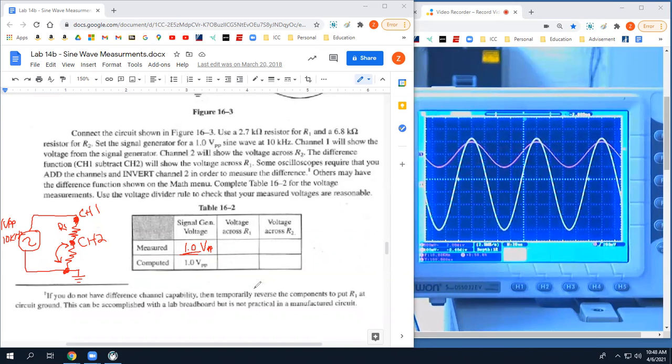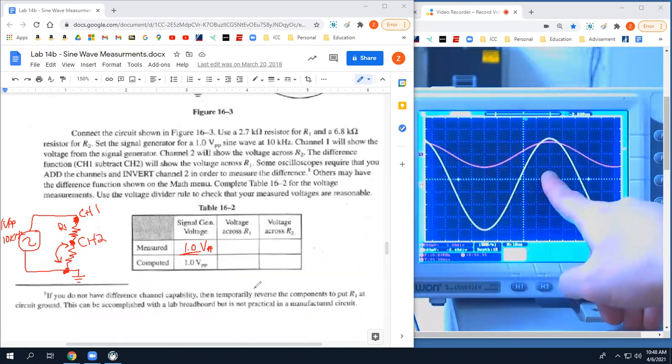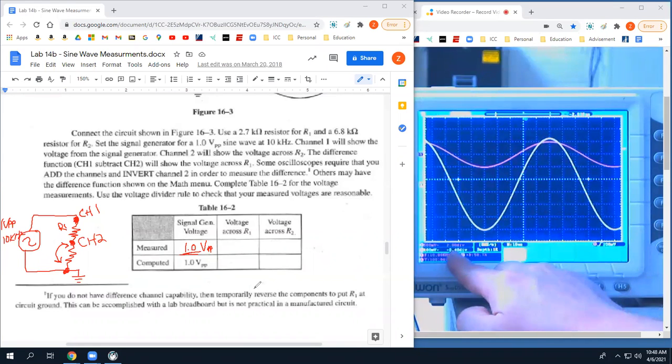So channel 1, I'm just putting my bottom peak on one of the horizontal lines. And then I'm going to count up. 1, 2, 3, 4, 5, 6, 7.3 divisions times, no, excuse me, I'm sorry, times 100 millivolts per division.